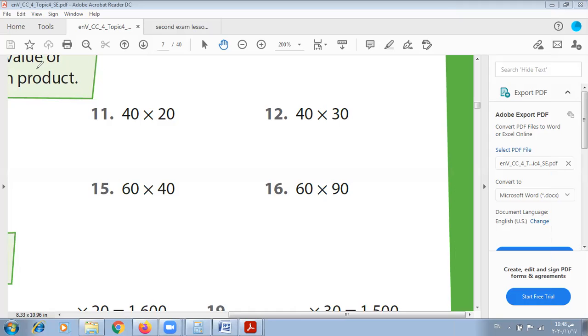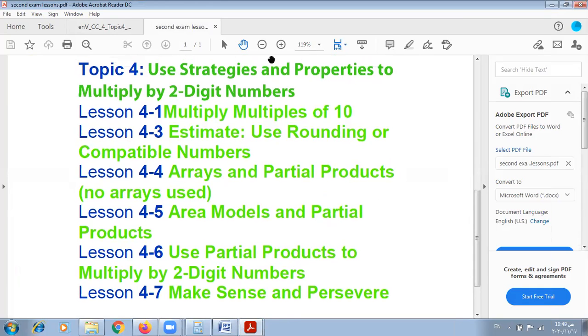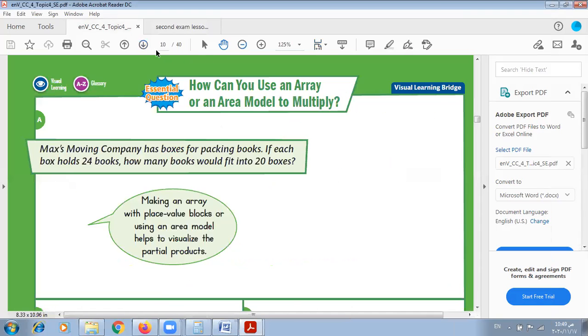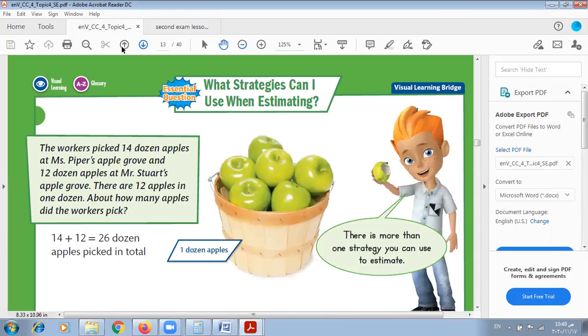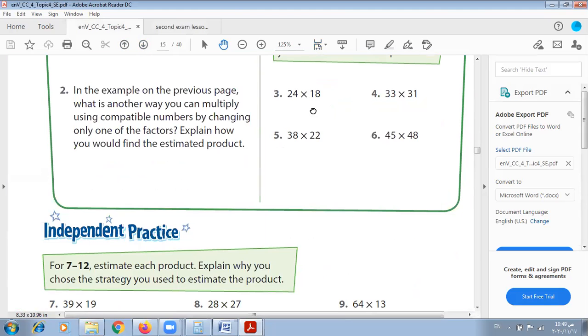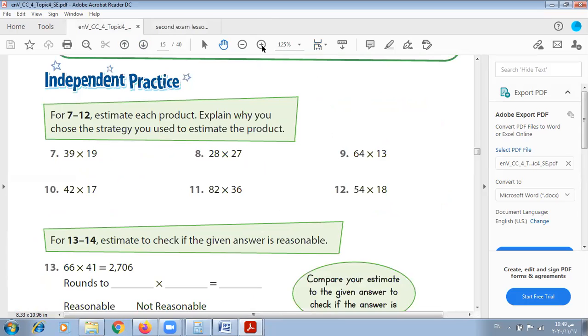Okay, so that's the first lesson of the second topic. Now, the second one will be what? Estimate. We know how to estimate. We will use rounding and then we will use multiplication, okay? So now we are on page 139.